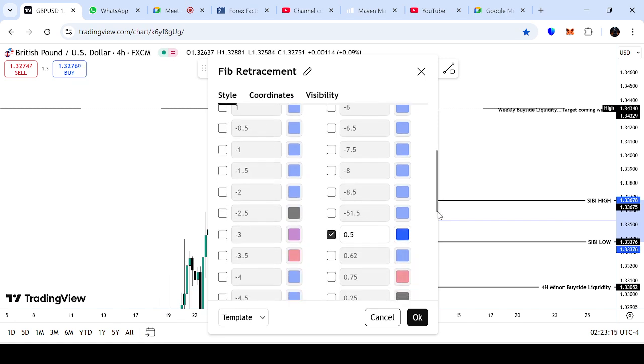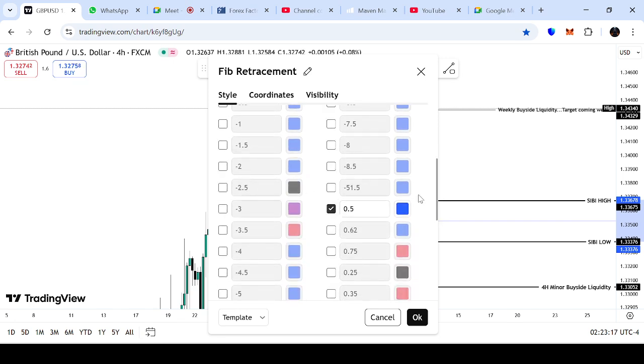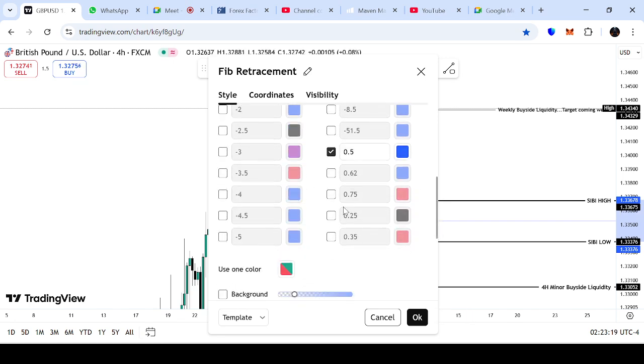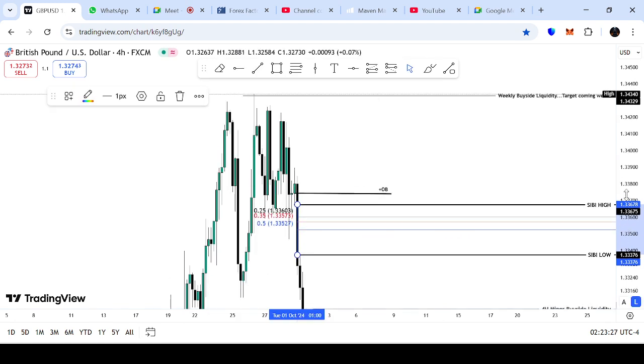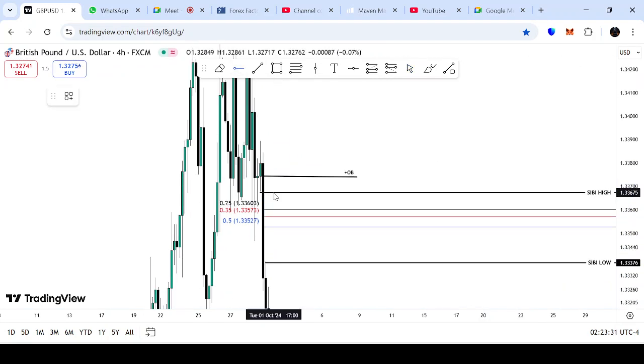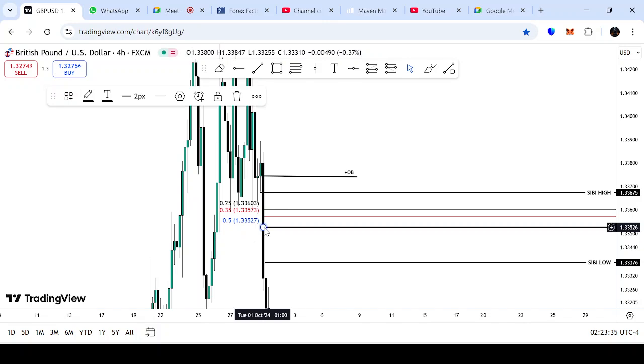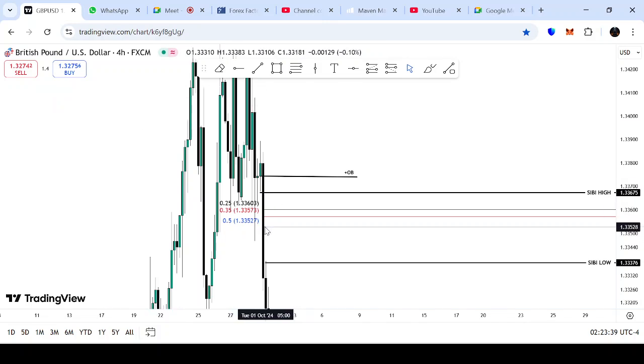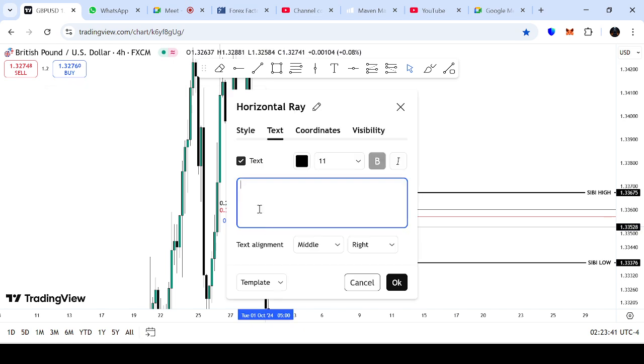That's the 50% level. We have 25% level, the 75% level. All these levels are very, very important. You can annotate them all. So you take your time to annotate them. The blue line is the 50%. That's the consequent encroachment. That's the short form.